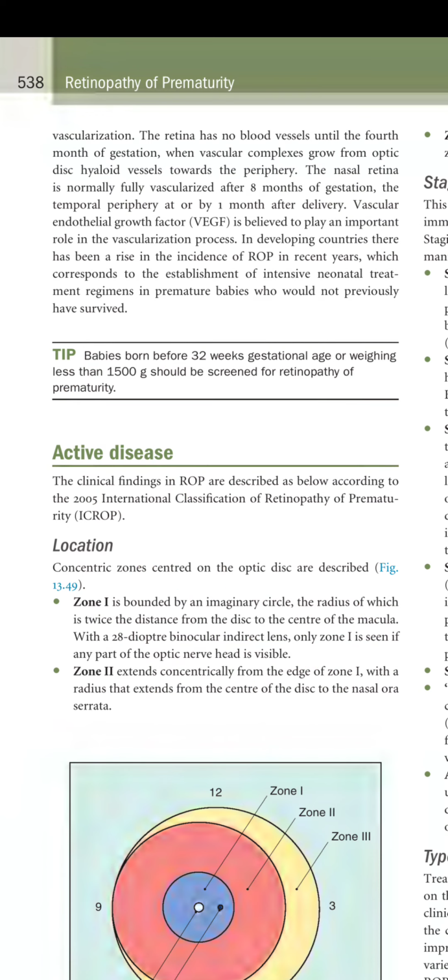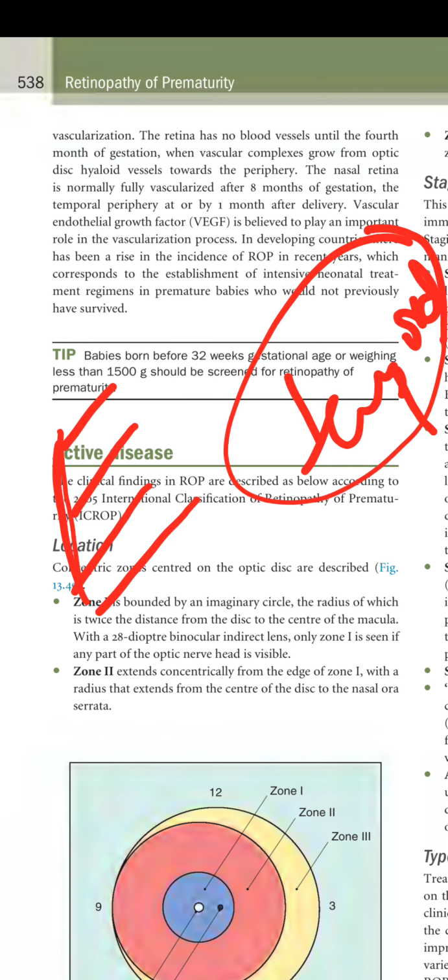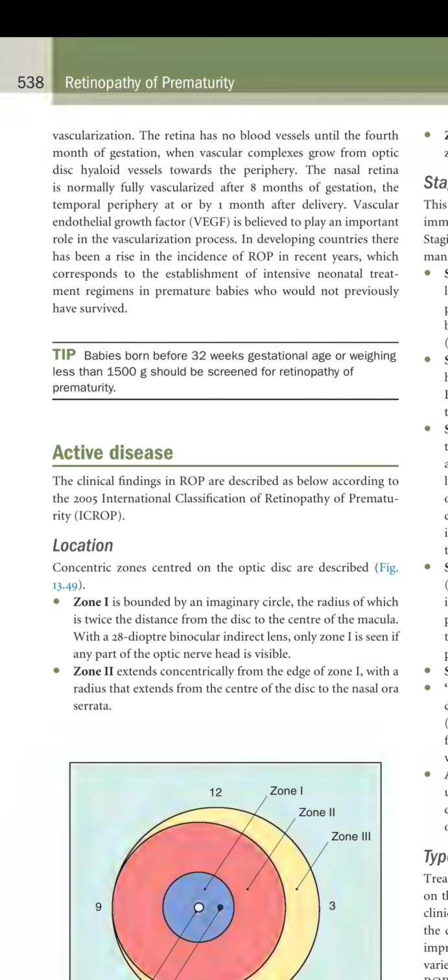The nasal retina is normally fully vascularized after 8 months of gestation, the temporal periphery at or 1 month after delivery. So the nasal retina is already developed before birth, but the temporal retina is basically developed after 1 month after delivery. So that is why hypoxia and hyperoxia have an effect on this side.